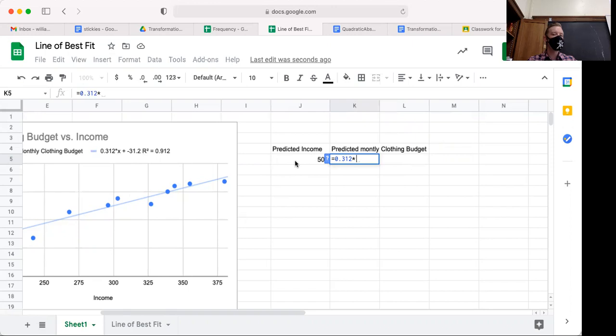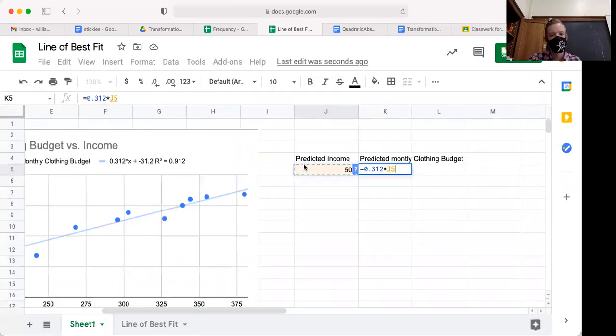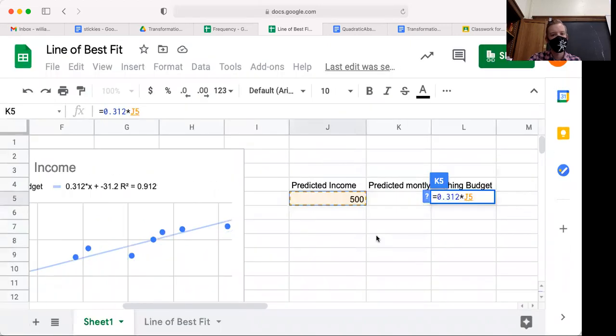So I'm going to click on this income cell right here rather than typing in x, because the formula will take whatever number I have right here and use that number as my x value. Yes. Is that better?